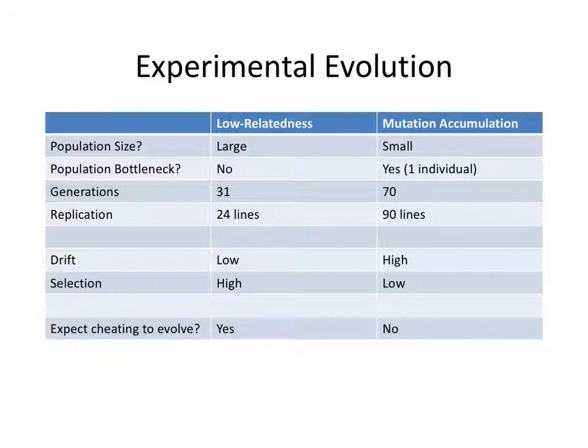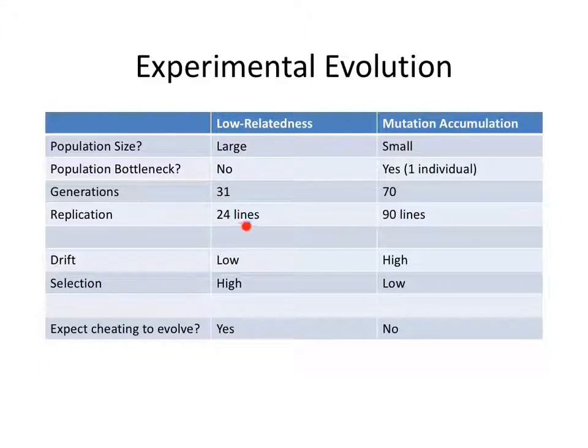The low relatedness approach is they take a lot of amoebas and grow them all together, and because it's a large population, if any one individual evolved a cheating mutation, they would probably be selected against, because all of their other family members are cooperators. So you're not likely to see much competition from the family members if cheating evolves.